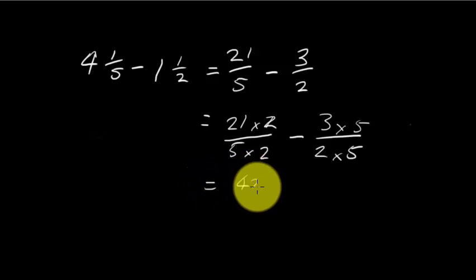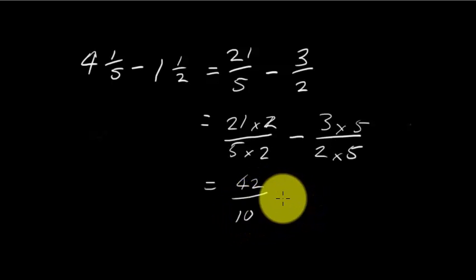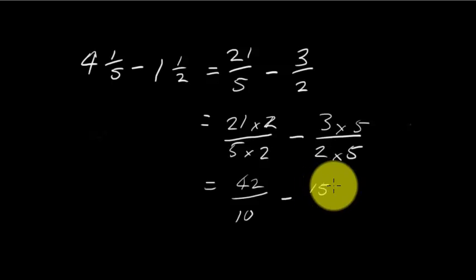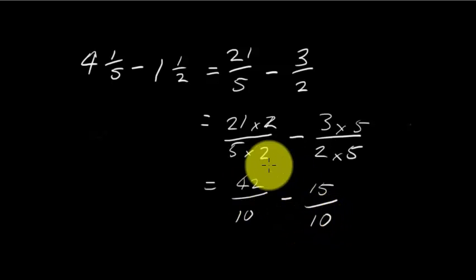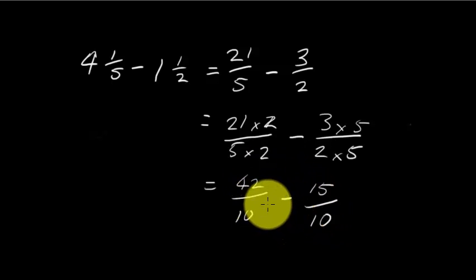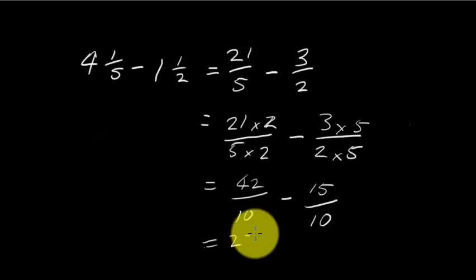So it's 42 over 10 minus 15 over 10. And now we can just simply take these away. Just for the moment, we can ignore the denominator and just look at the numerators. So 42 take 15 is 27. Now we add back the denominator, 27 over 10.